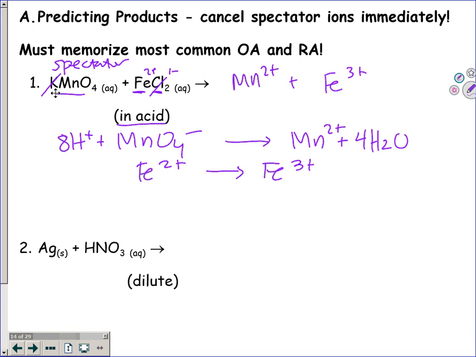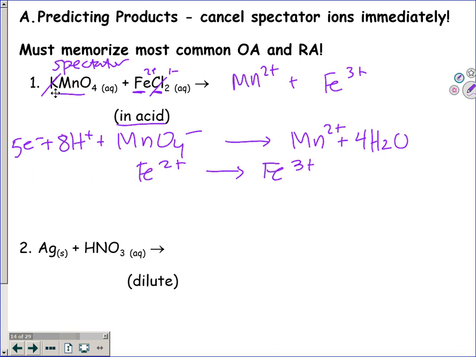I need 5 electrons on the reactants or products? Reactants. So I have 8+ and a 1-, so that's a 7+ oxidation state over here, and then a 2+ over here. So 7+ going down to 2+, I need to add 5 electrons to this side. So I'm going to add 5 electrons to the reactants. First half reaction has been balanced.